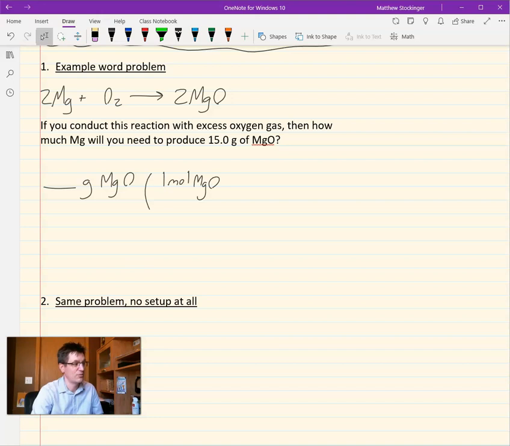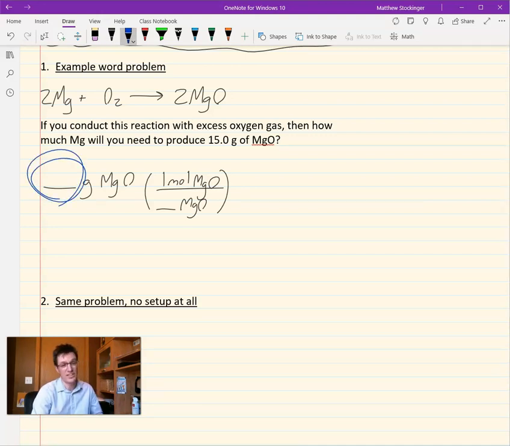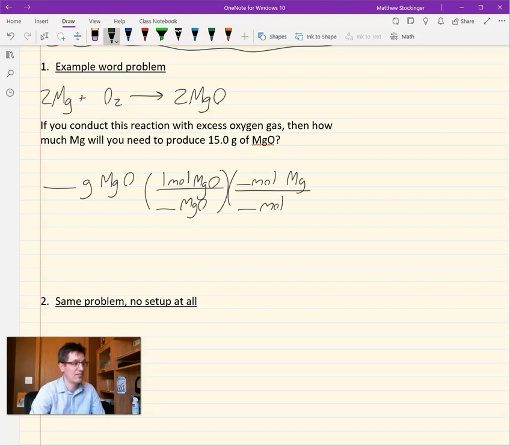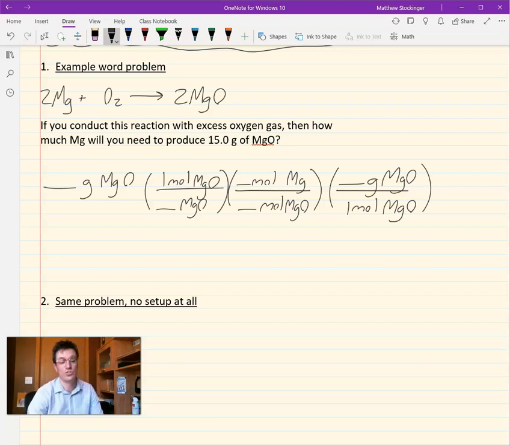What I'm writing down right now looks very similar to what we've done before, except I just added one extra blank here in the beginning. In the past, I've given you that number ahead of time. So today, we'll look at how to do it without having that number filled in already. Go ahead and pause the video to copy all this down. When you come back, I'll show you how to fill those in.